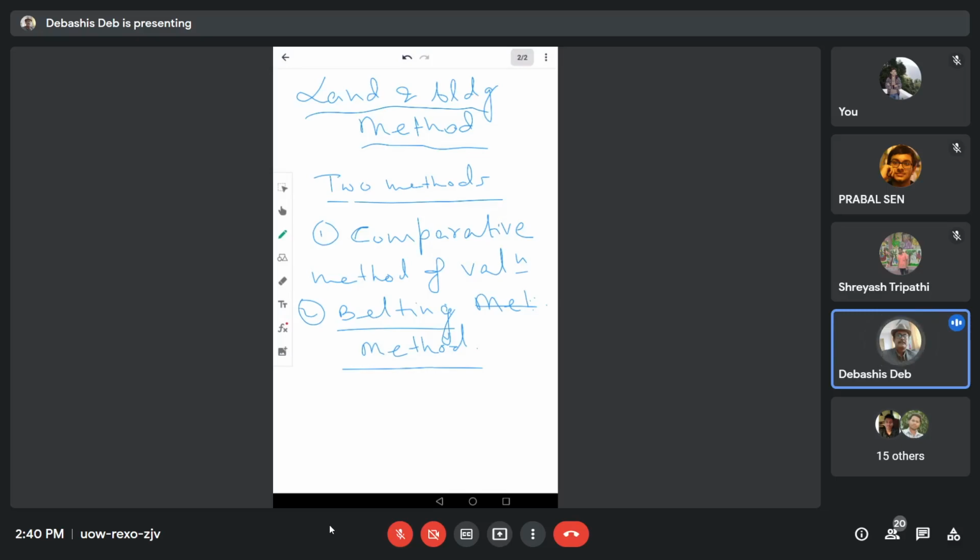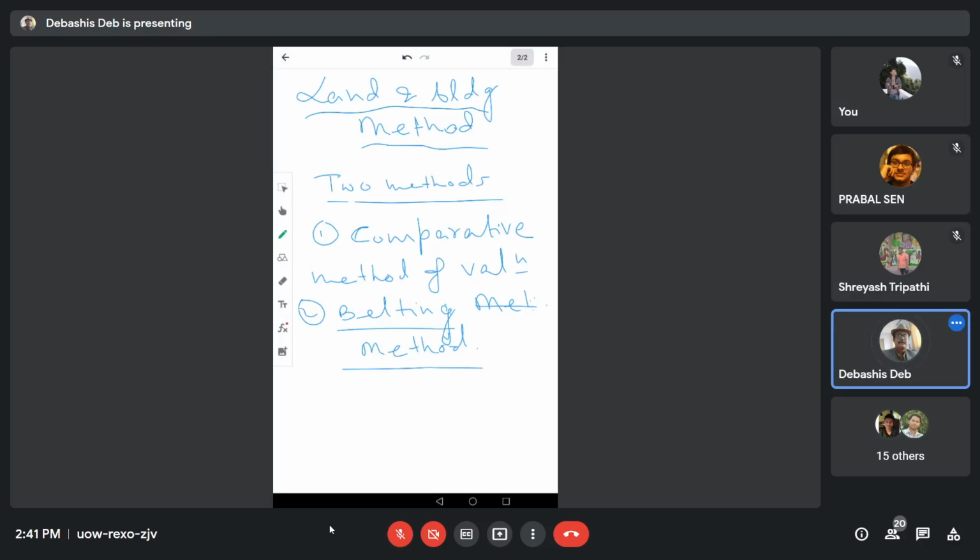In a particular locality, say two buildings are there. One is south facing, one is north facing. You will find in Kolkata or in this area, people prefer south facing only for the reason that on the south of Kolkata the Bay of Bengal is there, so we get southern breeze.